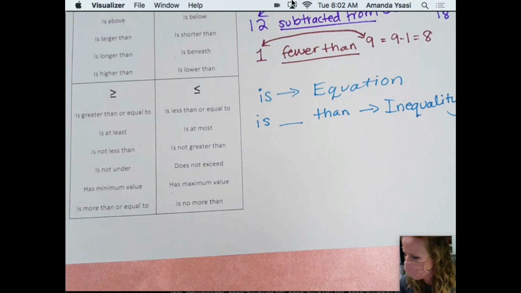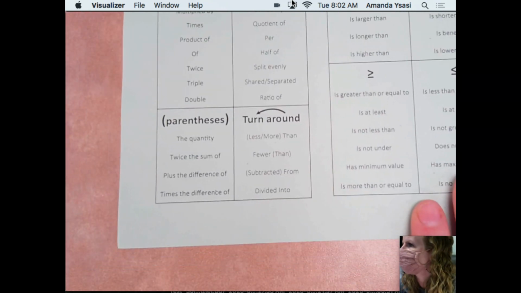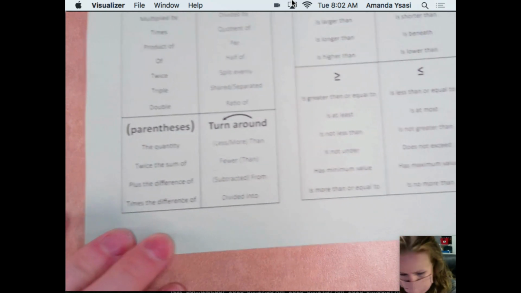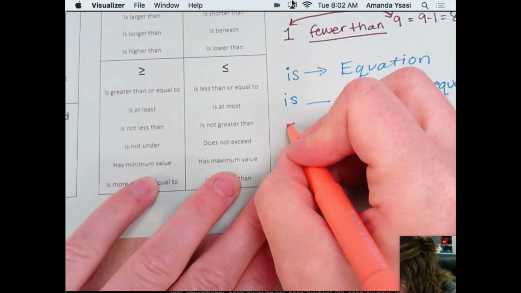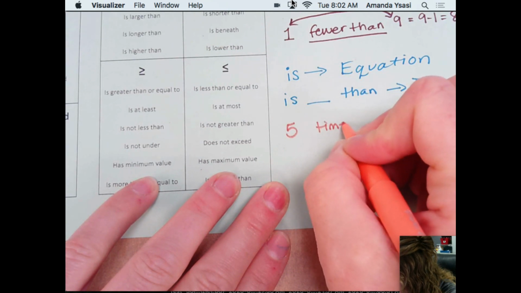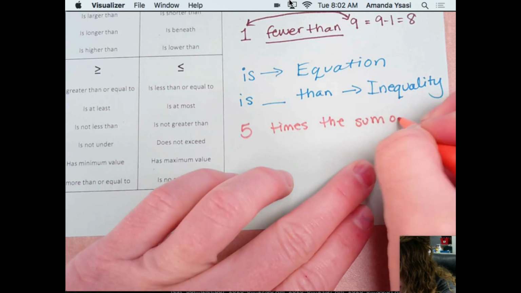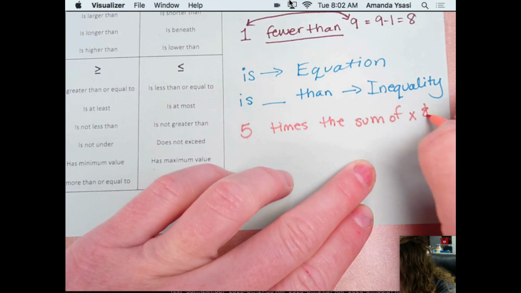Okay, another one that kind of tricks people is the parentheses. So let's look at the parentheses words. The quantity, twice the sum of, plus the difference, twice the difference. So an example of this would be 5 times the sum of x and 2.